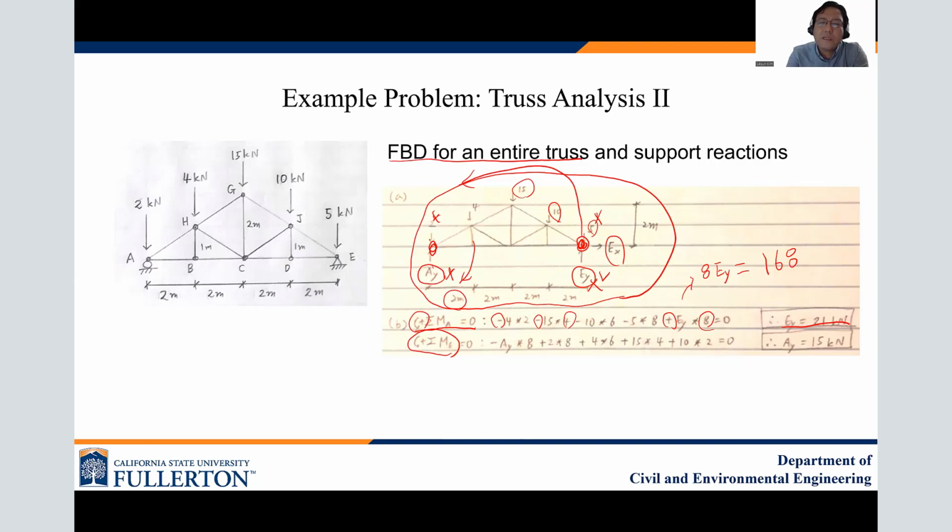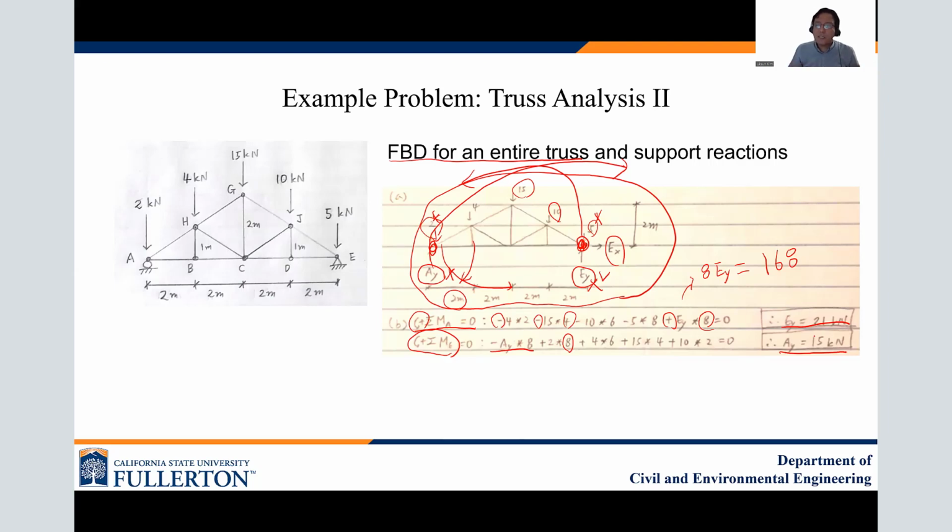The reason is that this one actually has a clockwise moment about E. And then this one, with the 2 times, and the direction is here, so there's a counterclockwise moment. The moment arm is at A. Same kind of procedure. After that, you can find AY equals 15 kilonewton. So those are the unknown reactions.